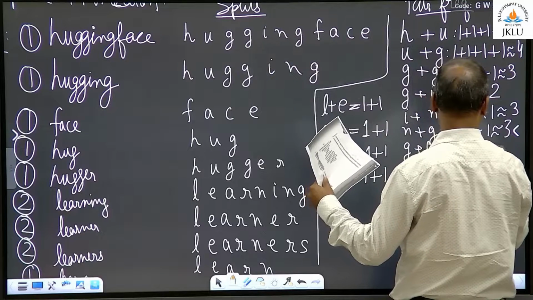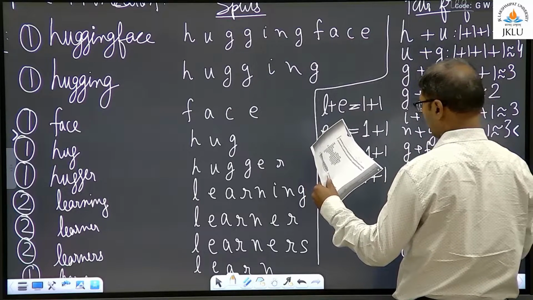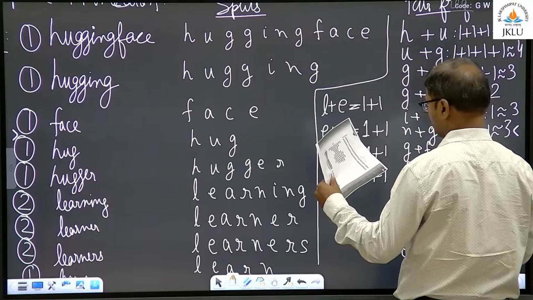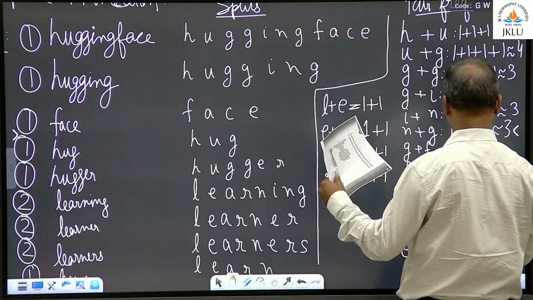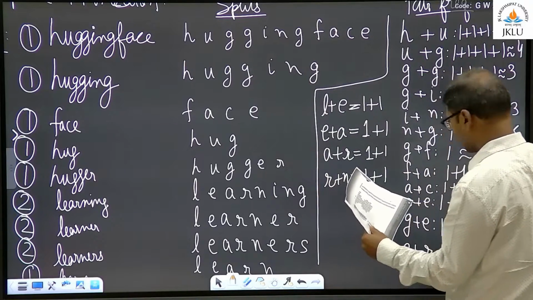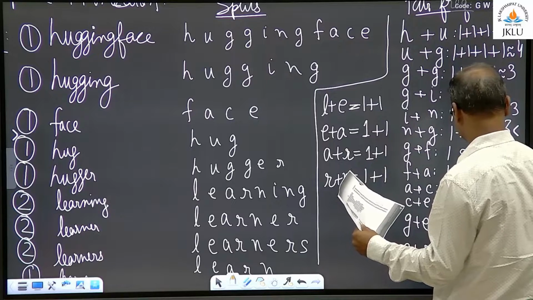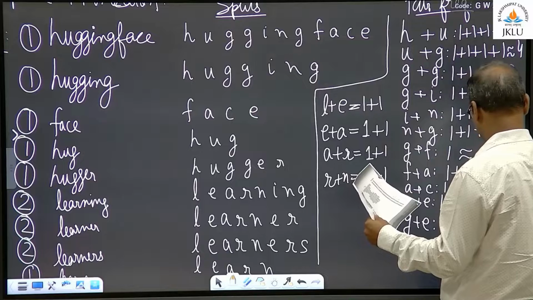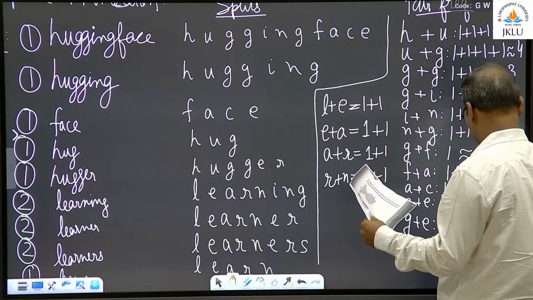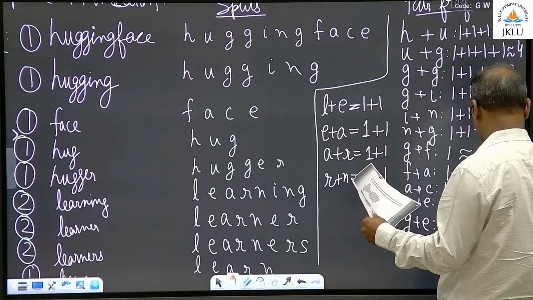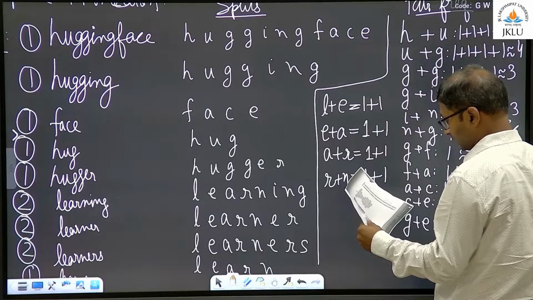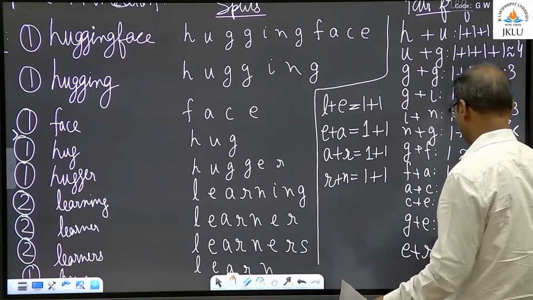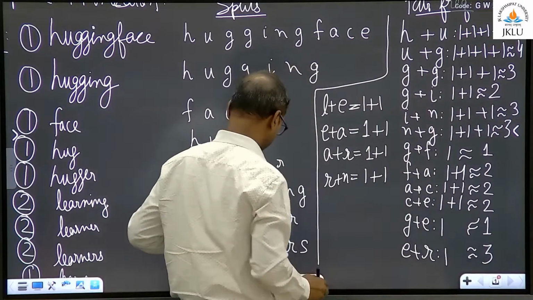GF comes actually once only, FA is 2, AC is 2, so we have almost completed until here. CE is 2, GE was once, ER was once, so we have started changing it.